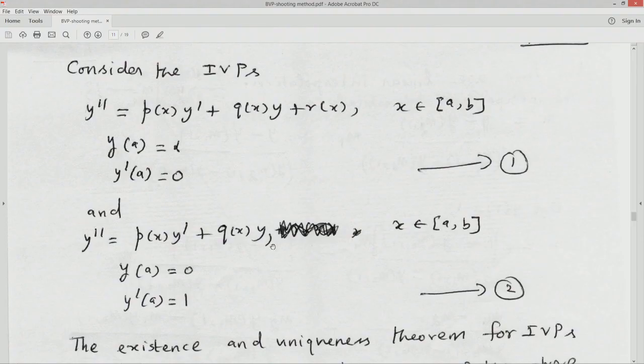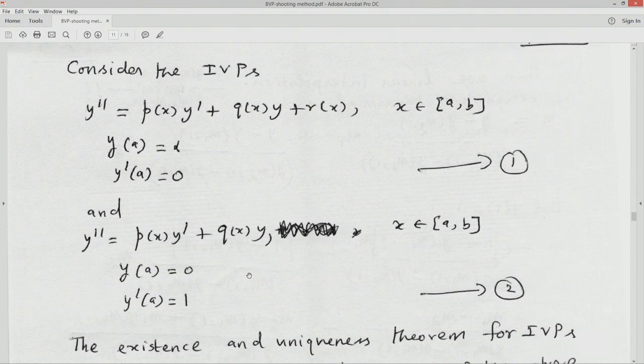That will give you the corresponding homogeneous differential equation given in the boundary value problem. So, I consider my second initial value problem to be y double dashed equal to p of x y prime plus q of x into y. So, I have put r of x to be 0 and it is defined in the interval a b.